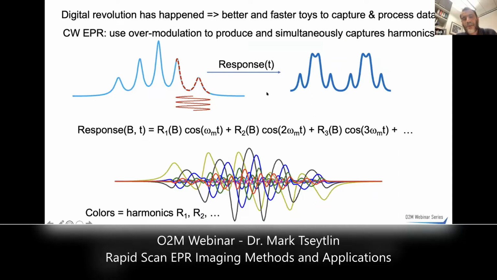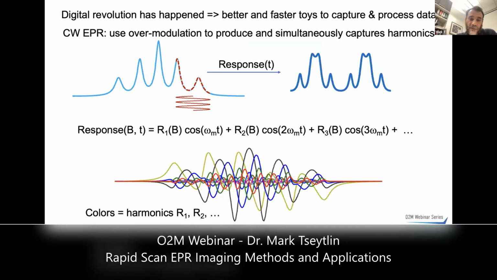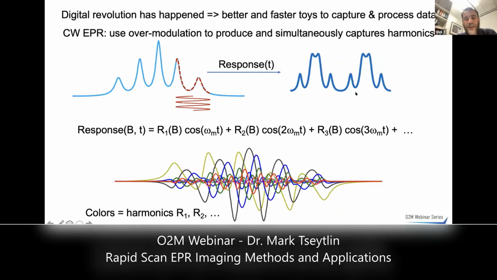It becomes a complicated periodic function. So what this overmodulation does is generate many multiple harmonics of your modulation. Now if you capture this signal and take a Fourier transform, you can extract not just the first harmonic, as in a classical CW experiment.